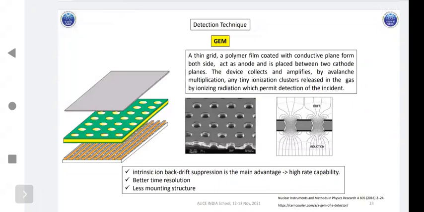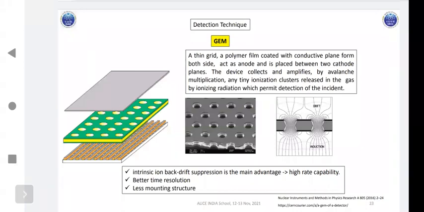Make holes in a regular pattern on this middle layer, and apply voltage across the top and bottom coating. What you will find is that instead of field lines all through, you will only have field lines through these holes, as shown in the middle right picture. These field lines are very intense through the holes and very light outside of this middle layer.